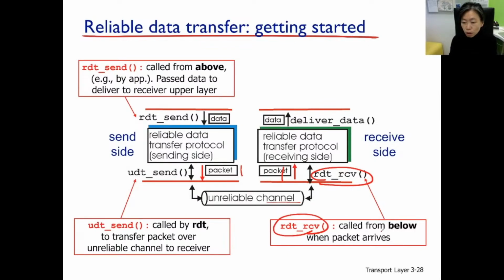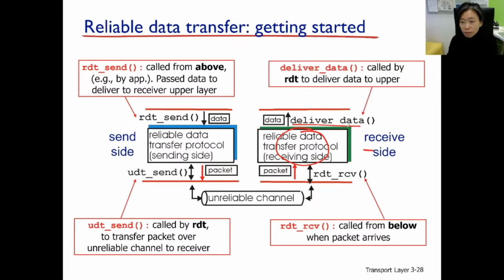Okay, and this is called from below, from the network layer, when a packet arrives. And those packets will be processed here, okay, and then the receiver side of the transport layer protocol is going to call yet another one, deliver data function. So this is called by RDT, the receiver side, to deliver data to the receiving process above. So data here is going to be passed above.